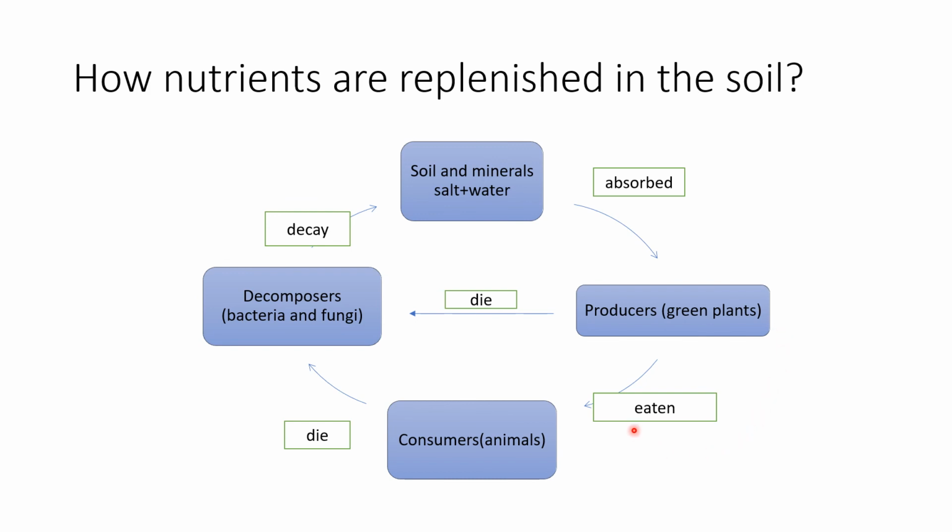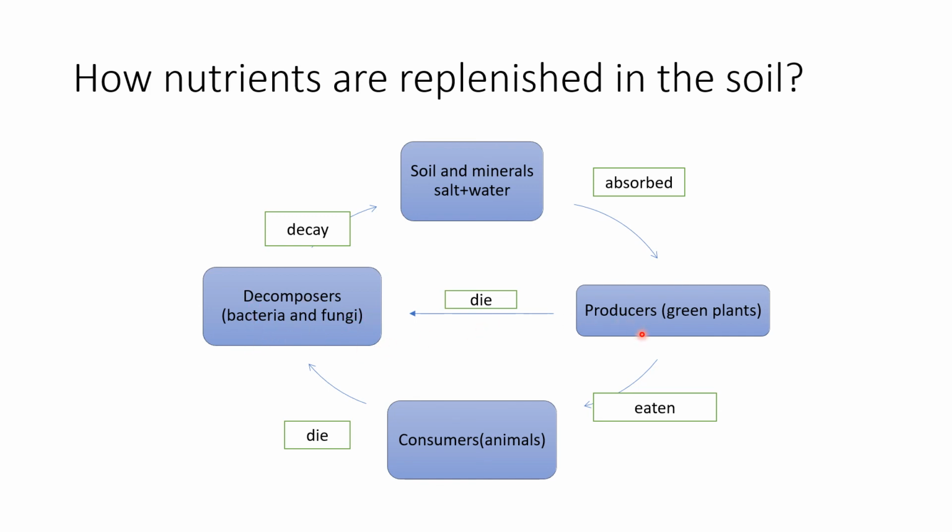That stored food is eaten by the consumer. The consumers are mainly animals. They consume the producer. When the consumer dies, it is decomposed by bacteria and fungi. These are the saprophytes. They are the decomposers.